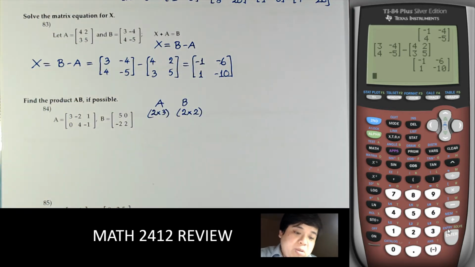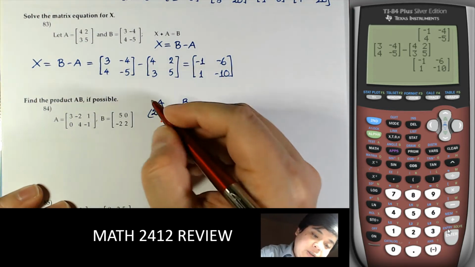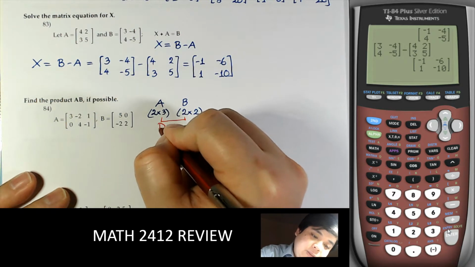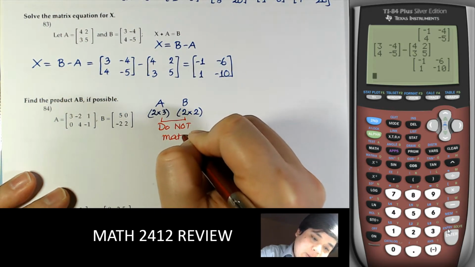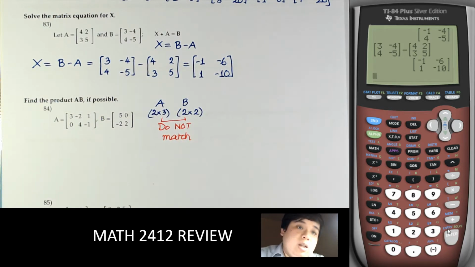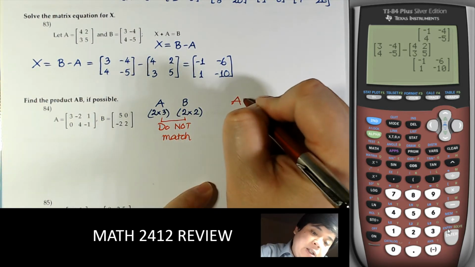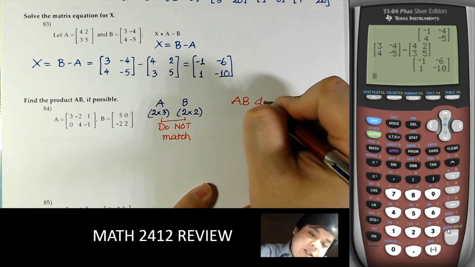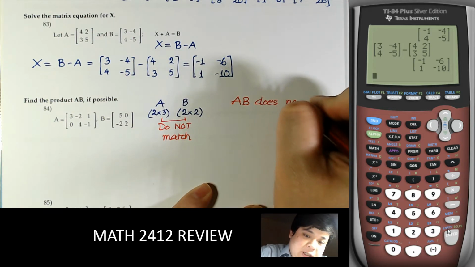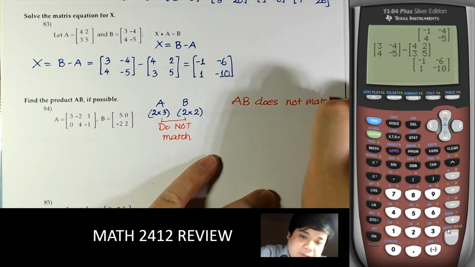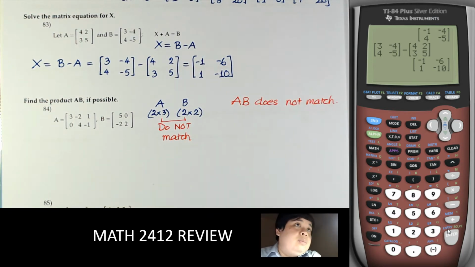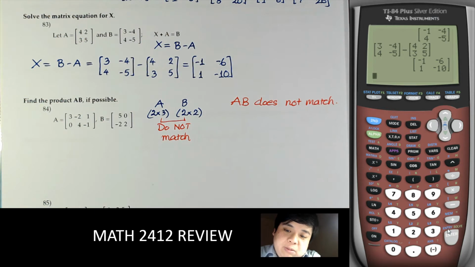Since the middle numbers do not match, the product does not exist, so we say AB does not exist. The middle numbers have to be the same. Right. So that's what we say about that problem.